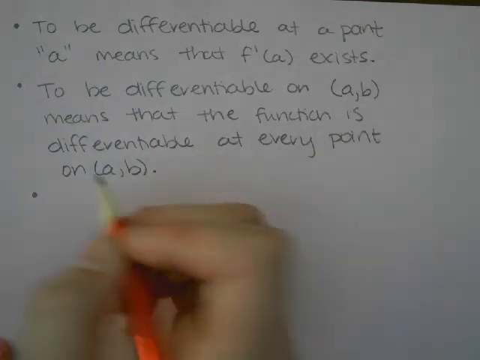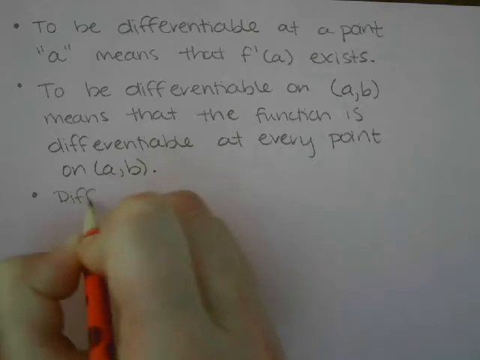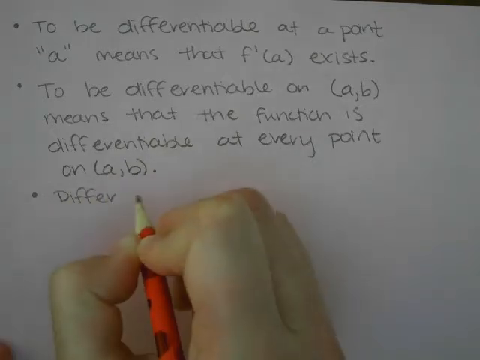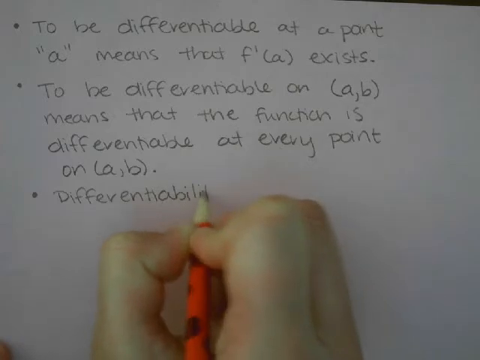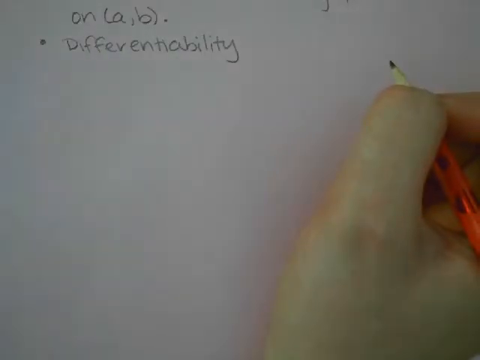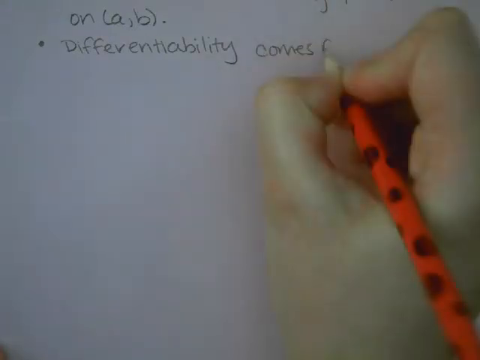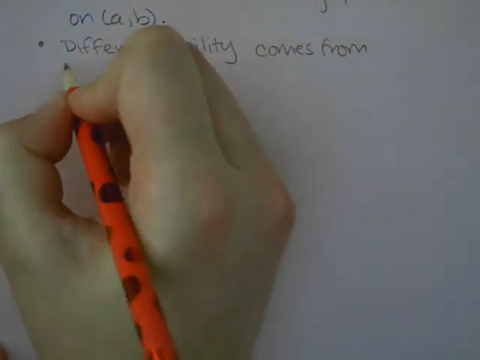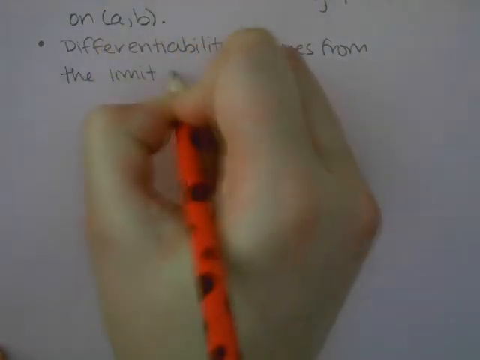All right. And then last, we're going to say that differentiability, your ability to be differentiated, differentiability, that is a really long word. So your ability to be differentiated comes from the limit definition.